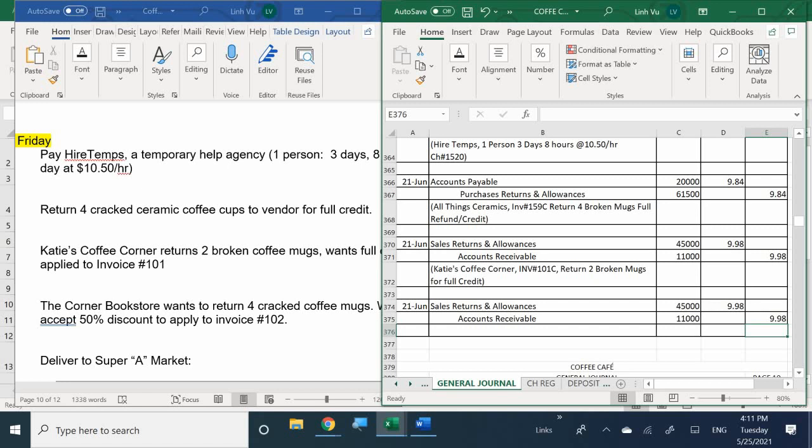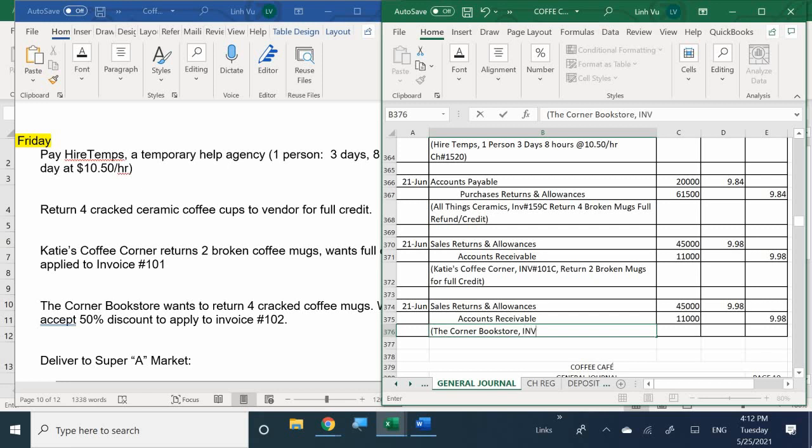And once again, now the description's going to reflect a little differently, right? So let's work on the description together. All right. So this is the corner bookstore. Invoice 102C, right?